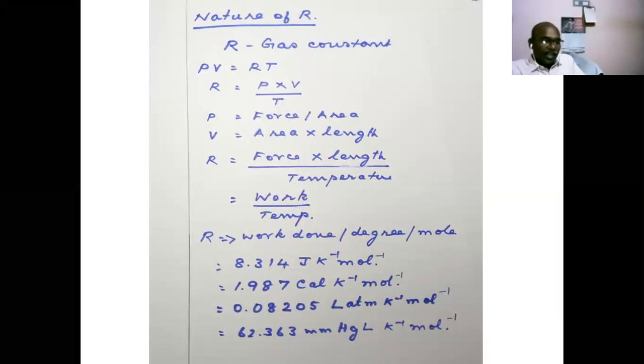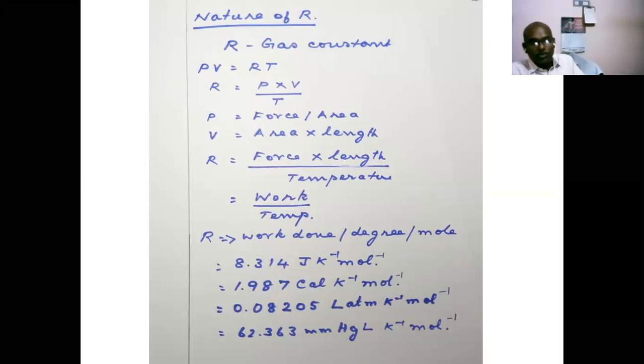A scientist calculated the same constant for a molecule by dividing R by Avogadro number. When you divide R by Avogadro number, you will be getting a constant per molecule, that is joule per Kelvin per molecule, which is called Boltzmann's constant, k.